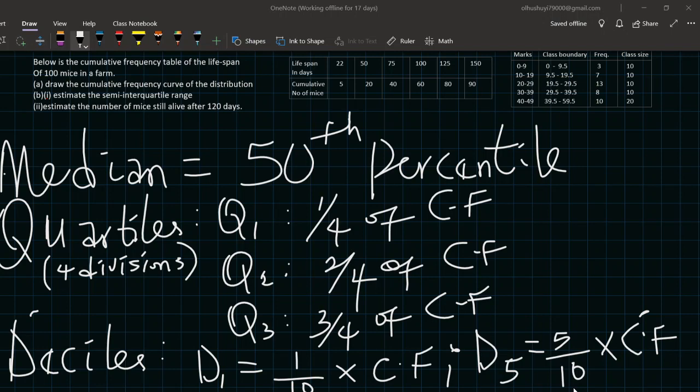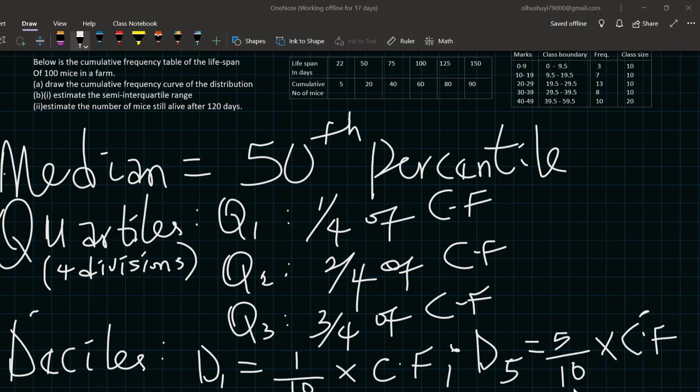Today, we are on statistical graphs. We did something on using a histogram to find your median and the mode without calculations, just on the graph.